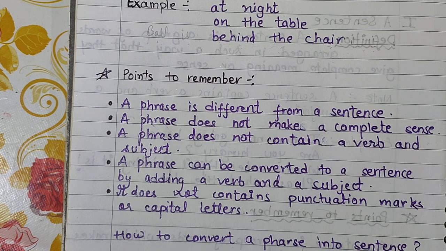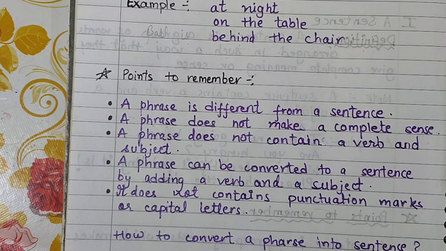Now when you will keep these things on your tips, you will be able to differentiate between phrase and a sentence very easily. There is nothing very complicated. Just remember these points and then just recall in your minds again and again. Just recall it, and then you can differentiate easily.